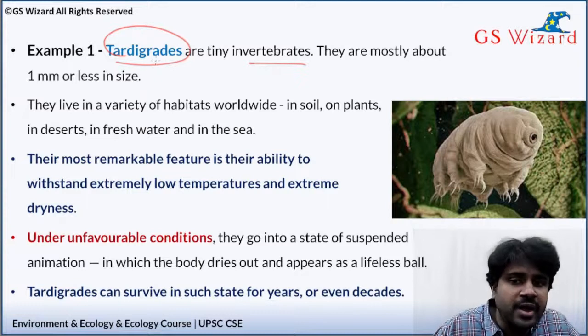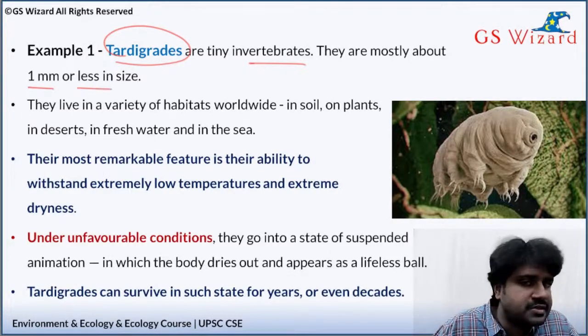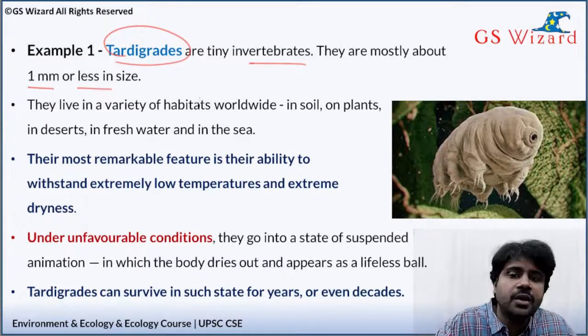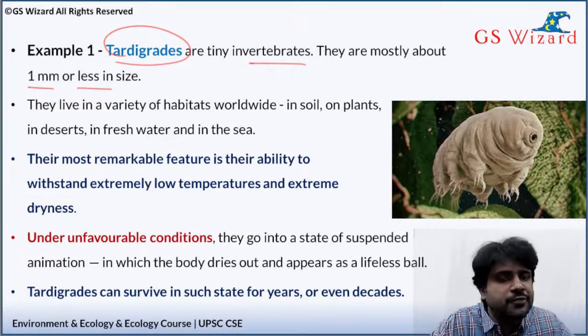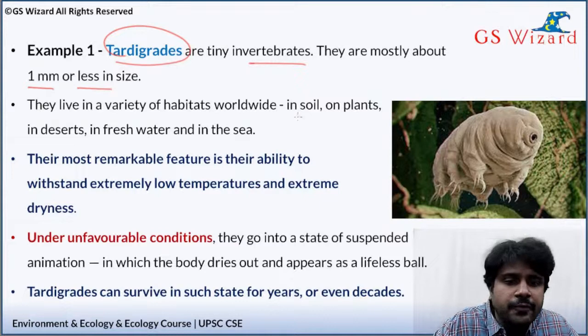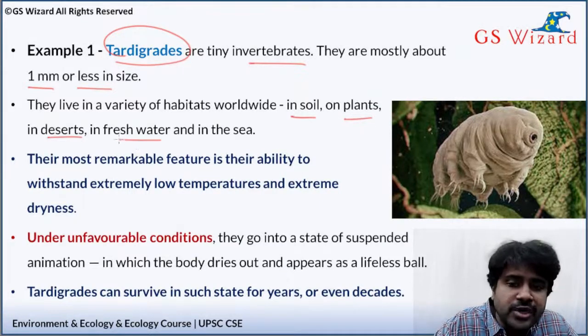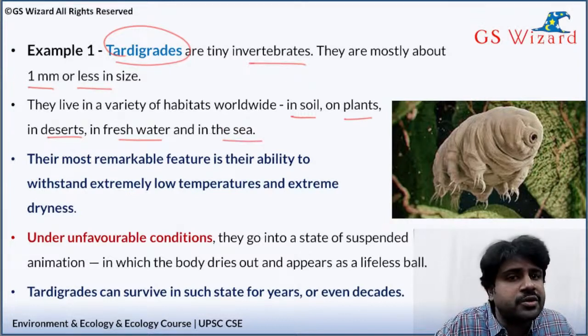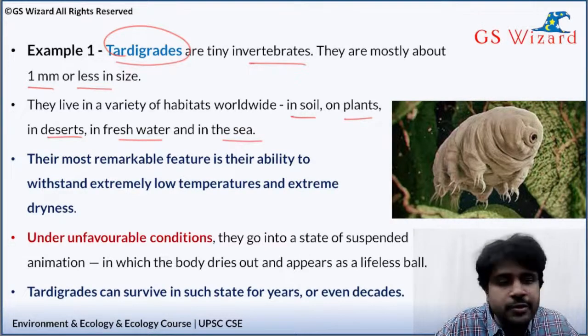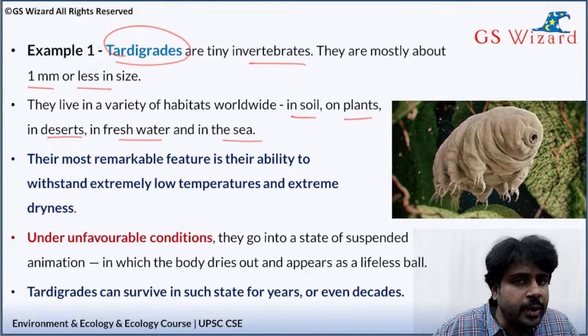Okay. Now tardigrades, their size is 1 millimeter or less. Now, look at tardigrades. They are virtually found everywhere. They are found in soil, plants, deserts, fresh water, as well as salt water. That is nothing but seas and oceans.